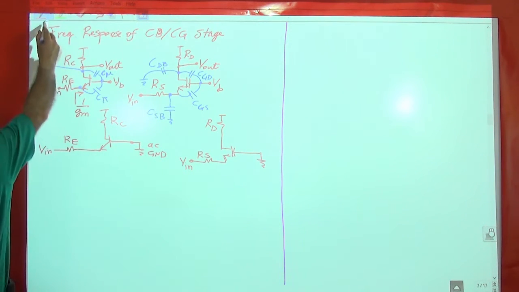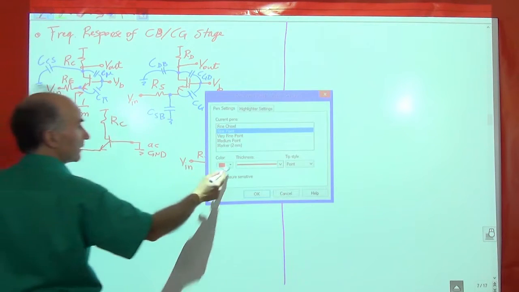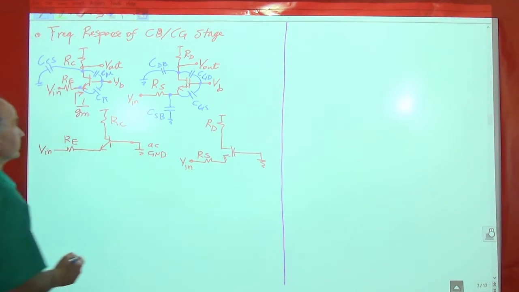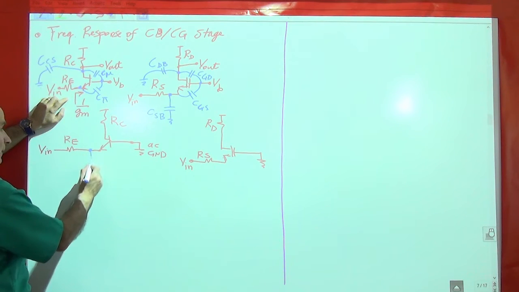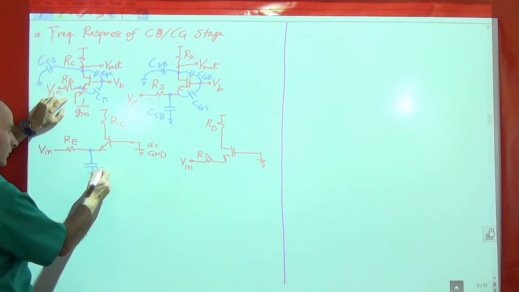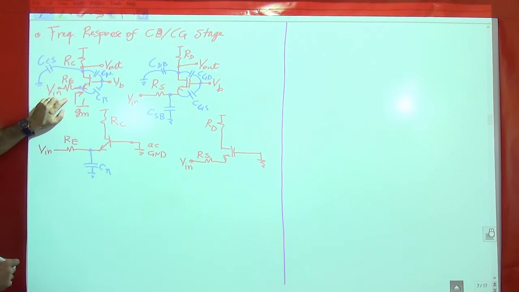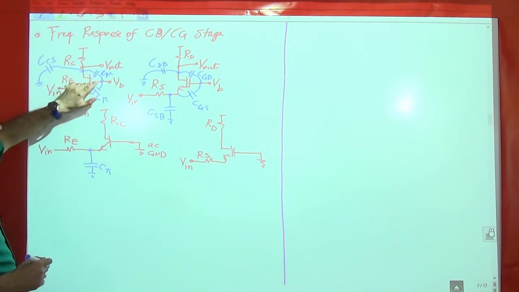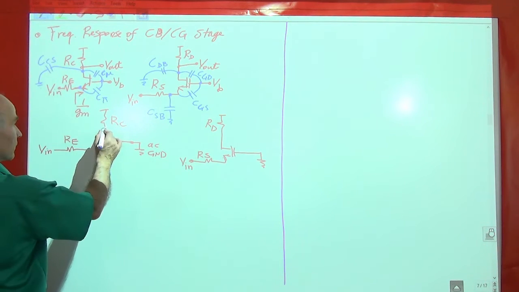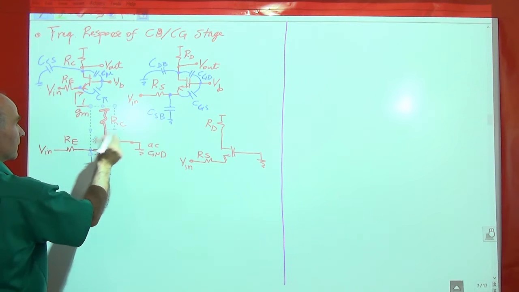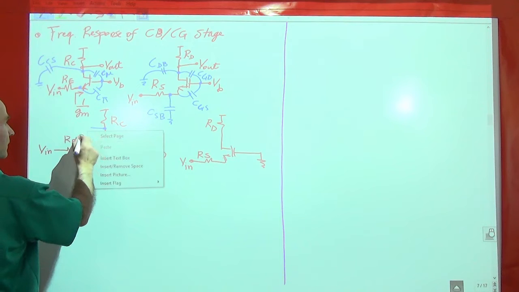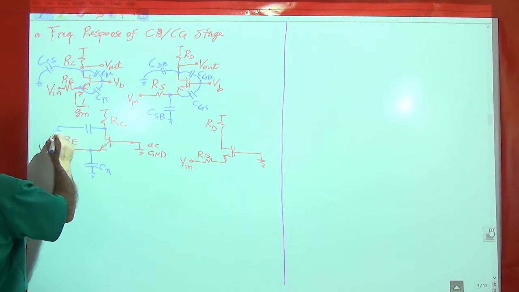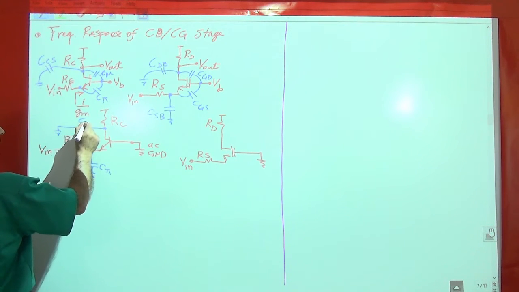Okay, so I will go back to my color of blue for the caps. C-pi goes from the emitter to AC ground. Okay, C-mu goes from the collector to AC ground. So we call that C-mu.